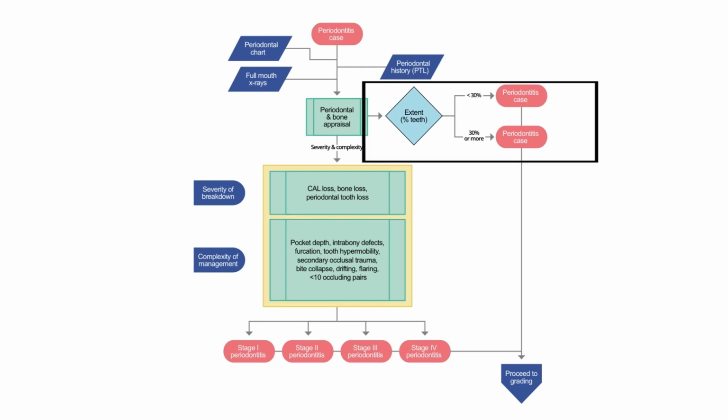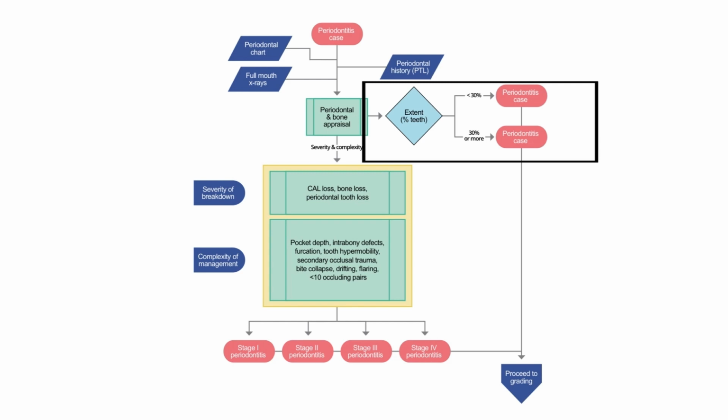And after the stage has been determined, extent is added as a secondary descriptor and reflects the percentage of teeth in the dentition that are affected by the attachment or bone loss at the level of severity that is defined in the stage. And this is according to Sands et al. 2020.